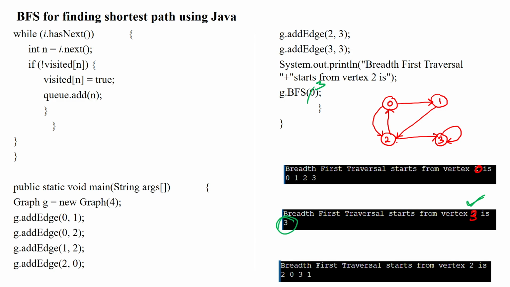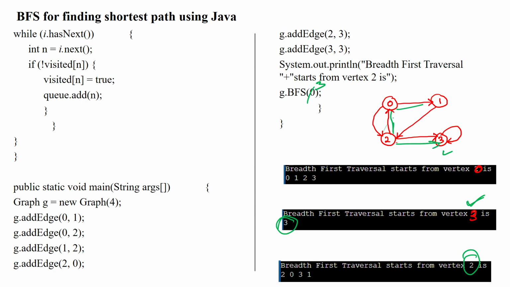There is no other possibilities, no other outgoing edges, no other adjacency list. From the 2, if you take the source vertex, 2 to 0, from 0 we can go to 1, and from the 2 also you can go to the 3.